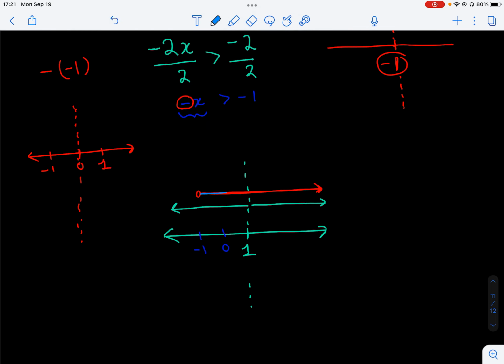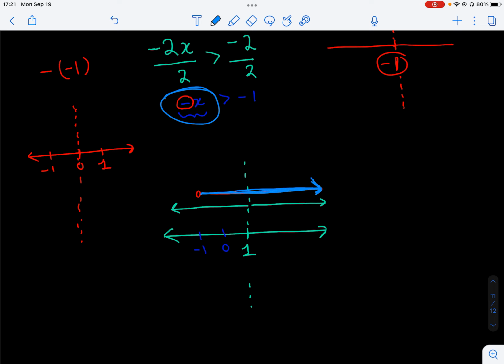What numbers, when I flip them, give me this desired segment? The numbers that are greater than negative 1, which is what we want. We want the numbers here, the outputs, the final results that give me greater than negative 1.